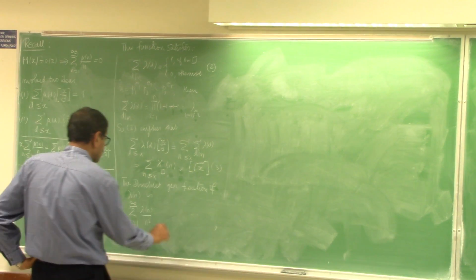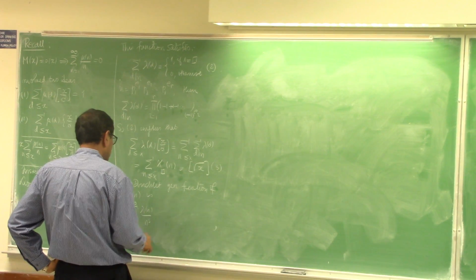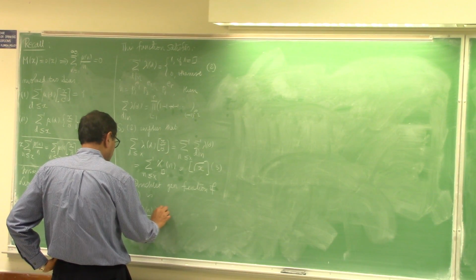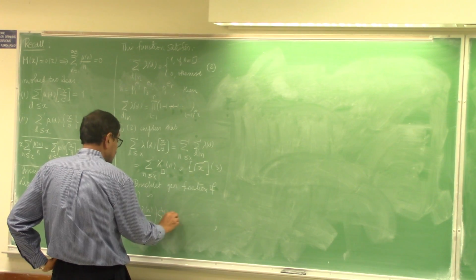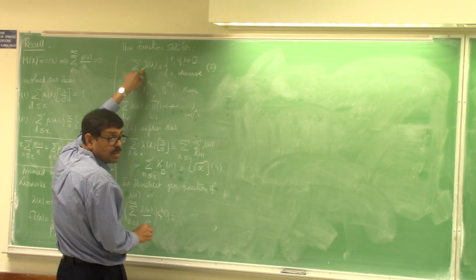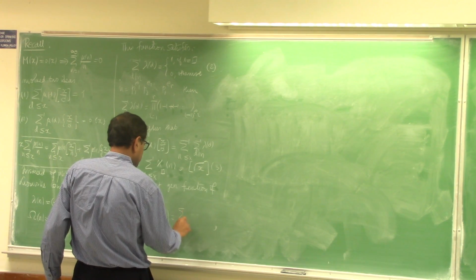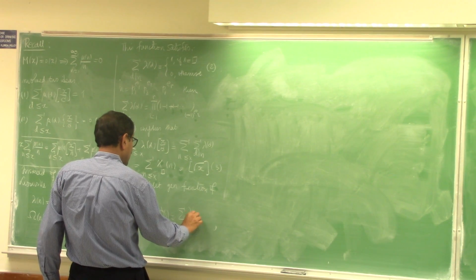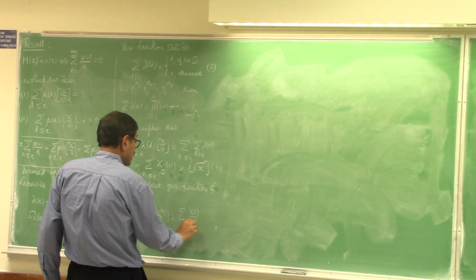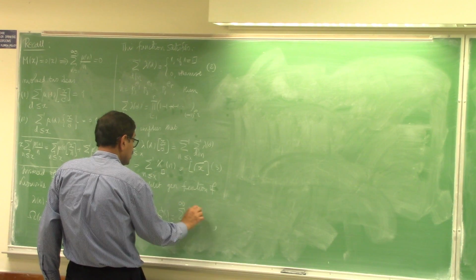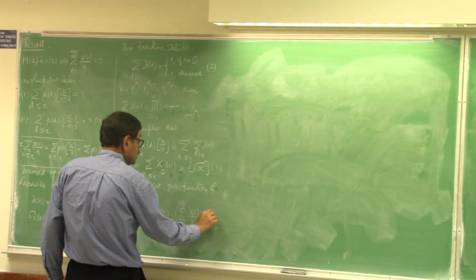Right? What is this equal to? Well, what I'm going to do is I'm going to take this and multiply it by zeta s to get this property. So this is going to be summation lambda n over n to the s times summation 1 over n to the s.